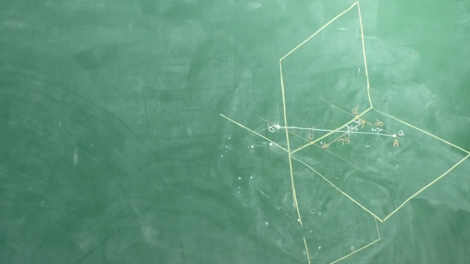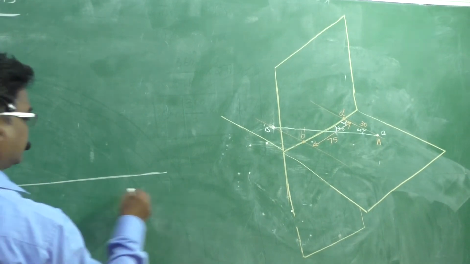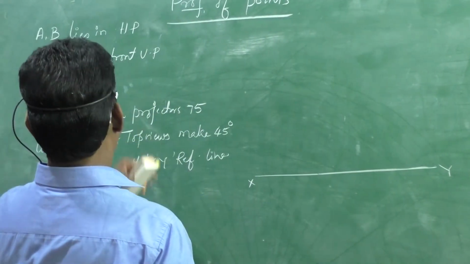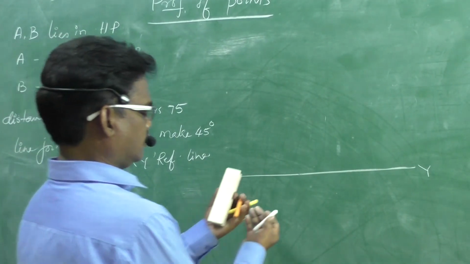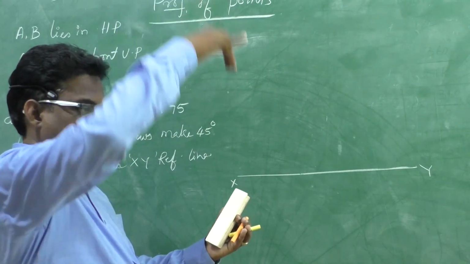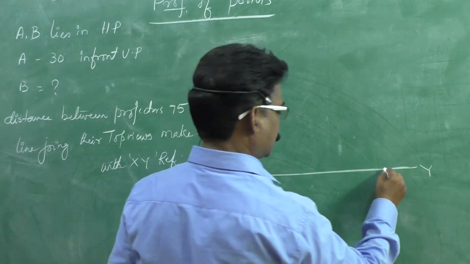Now we will draw the same on the drawing sheet. This is the XY reference line, and A is in front of VP. It lies in HP and in front of VP, that we can see in the top view. After the rotation, it is below the reference line.